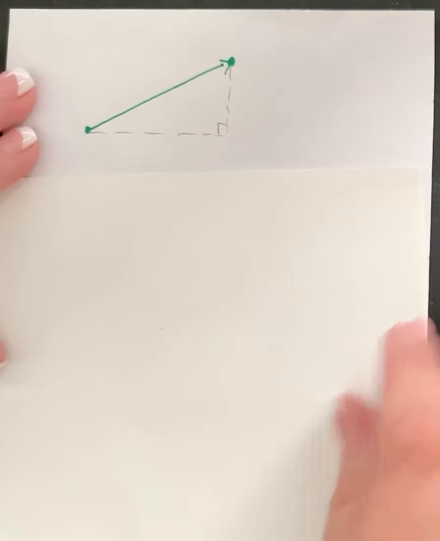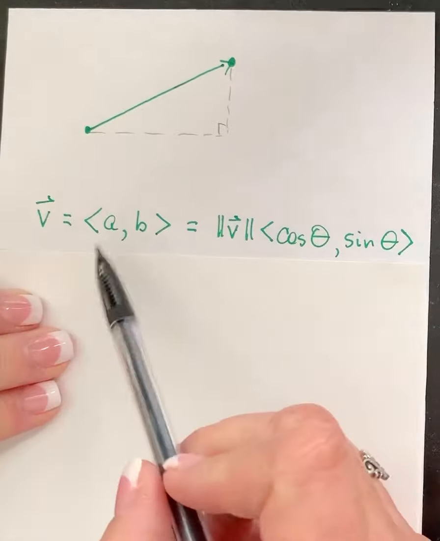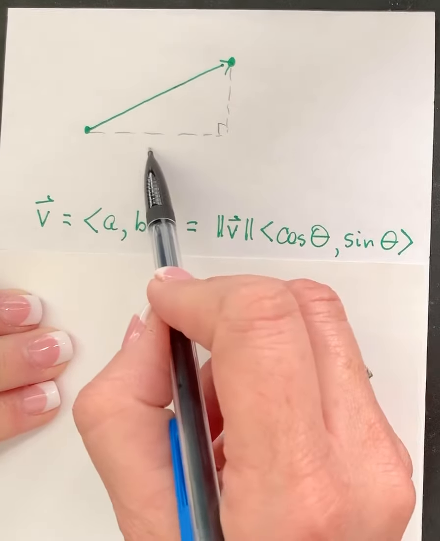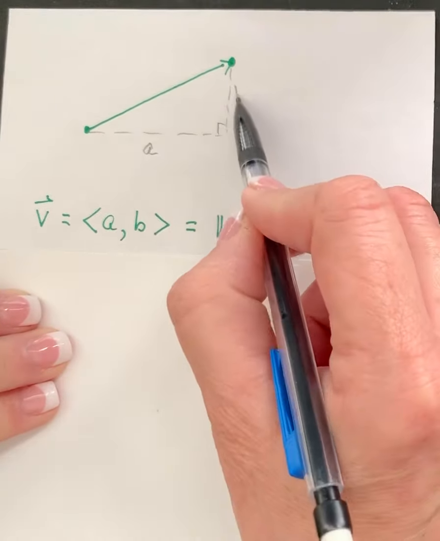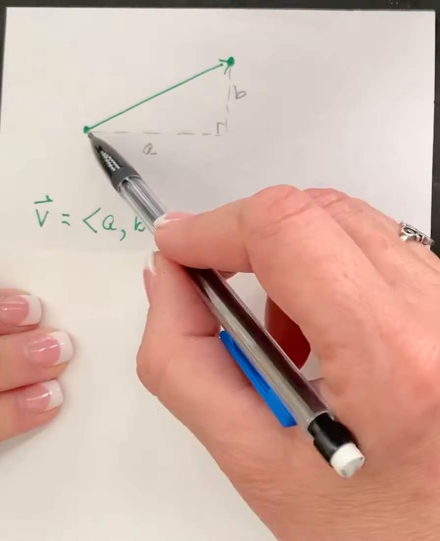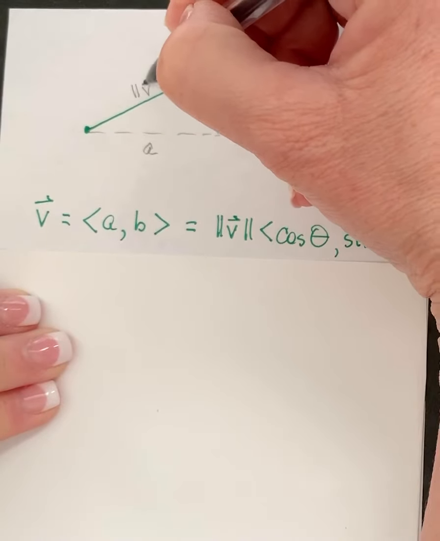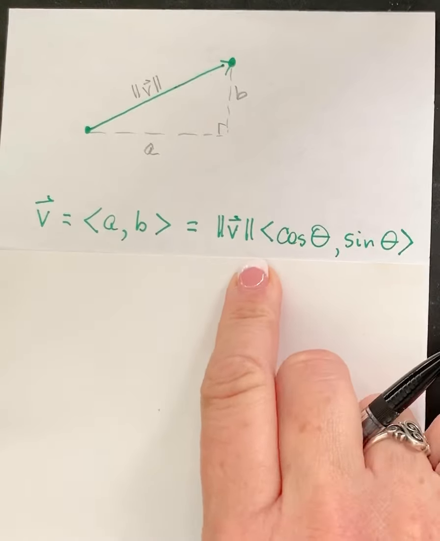Okay, so if we have a vector v with horizontal and vertical components a and b, so this measures a and this measures b, we are looking at a right triangle. The hypotenuse would be the magnitude of the vector, the magnitude of v. And here's what I was just saying.